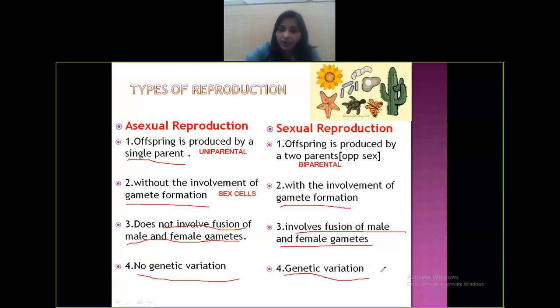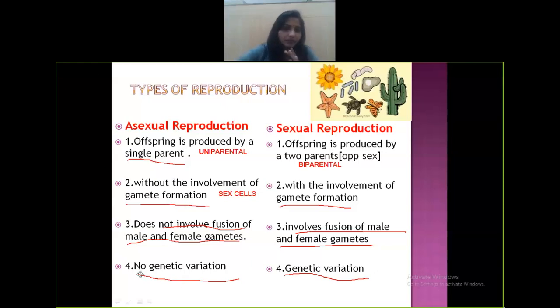In prophase 1, pairing of chromosomes takes place, then crossing over takes place, and then there's genetic variation, and genetic variation results in evolution. So always sexual reproduction is much better than asexual because of genetic variation. So these are the basic differences between asexual reproduction and sexual reproduction.